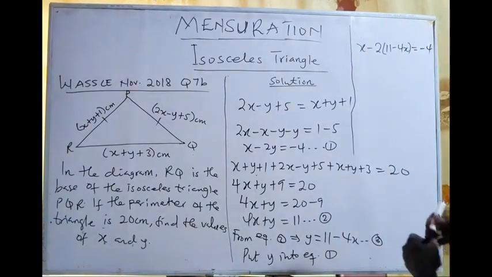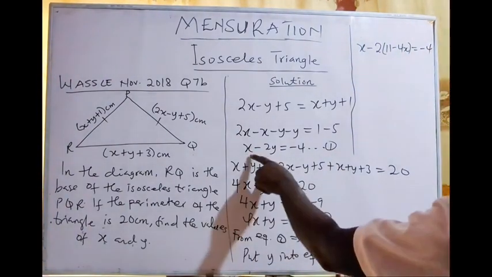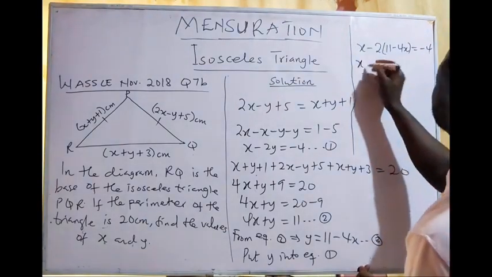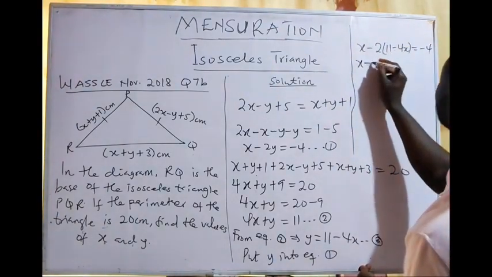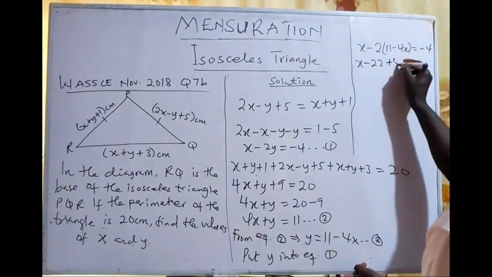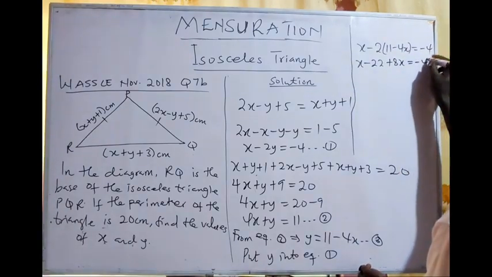Okay, so equation 1 will be x minus 2 times the y. The y is 11 minus 4x. So we have x minus 2 times 11 will give me minus 22. The minus 2 times minus 4x will give me a plus 8x, equal to negative 4.